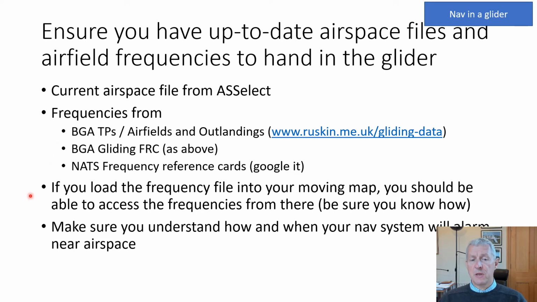If, though, we put the frequency file into the moving map, it ought to be possible to access the frequencies from there, but you need to work out how to do that. And another hint, make sure you understand how and when your nav system will alarm when you're near airspace. That alarm can be extremely useful to keep you from trouble.